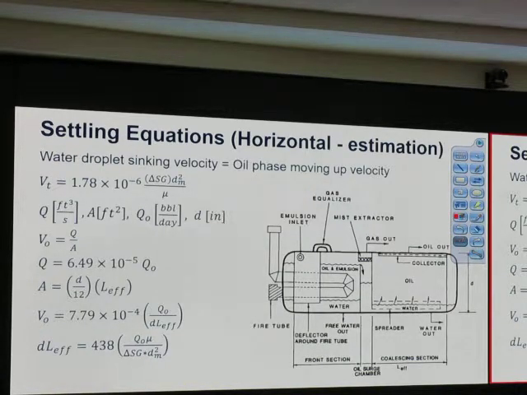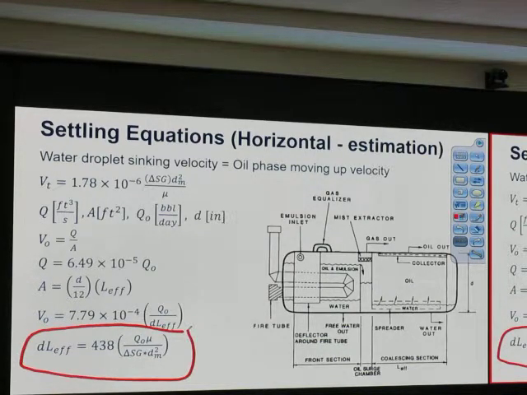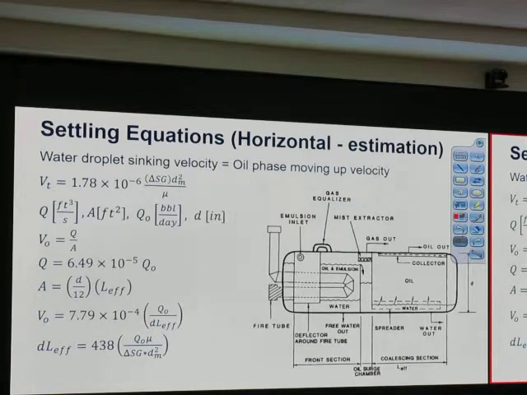Alright, the settling has to do with the internal part of the line heater. Most of the time, we can use the gas capacity equation or liquid capacity equation from the horizontal separator or vertical separator directly. Okay, so this equation will be similar to the horizontal separator gas capacity equation.